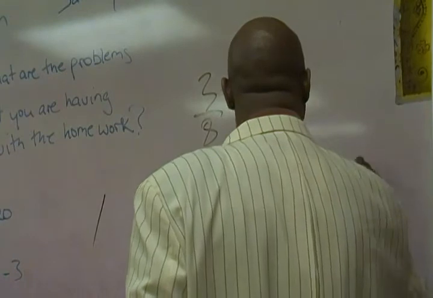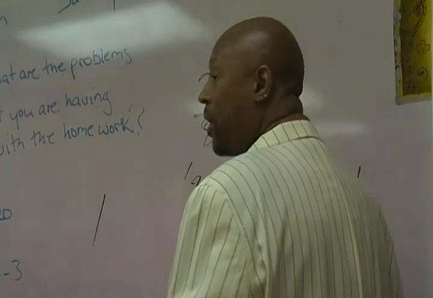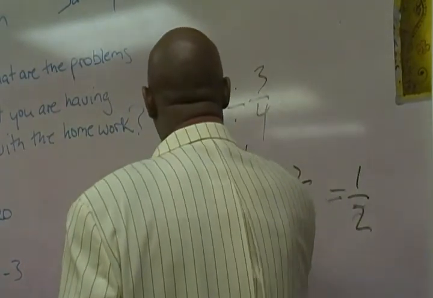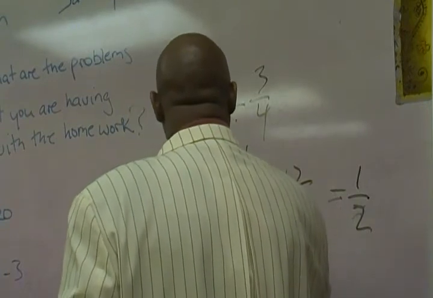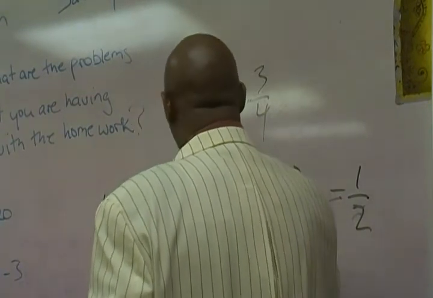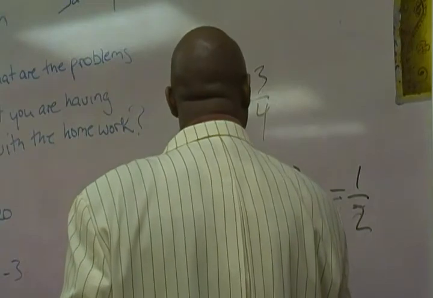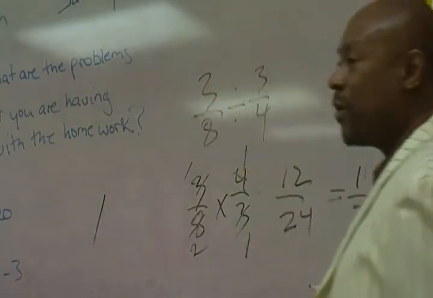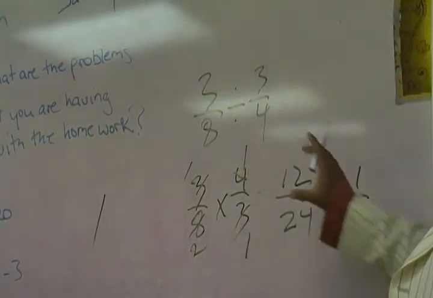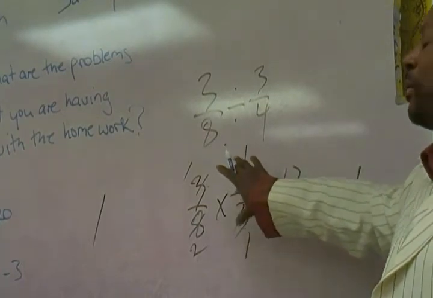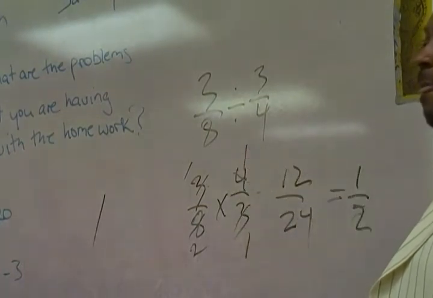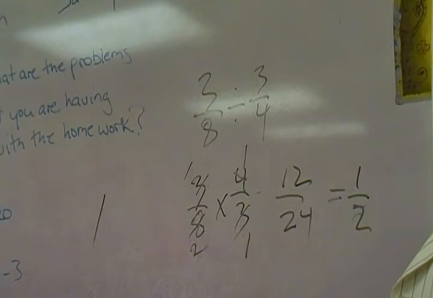If I work it out and cross this out, 3 goes into 3 once, 3 goes into 3 once, 4 goes into 4 once, 4 goes into 8 twice. That answer is 1/2. So it's not changing. The way it looks is changing, but the value is still the same. Okay?